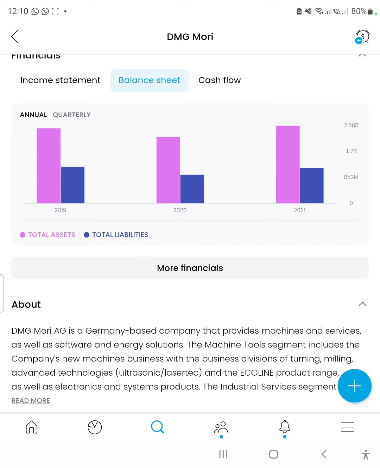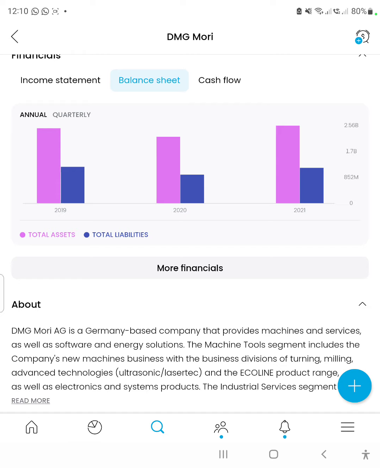So the total liabilities is the dark purple figure. As you can see, in the 2019 financial year, it's around 50%. In the 2020 financial year, the company decreased its assets as well as its liabilities, but it decreased its liabilities more so than it decreased the assets, and it managed to get a healthier level of debt to assets.